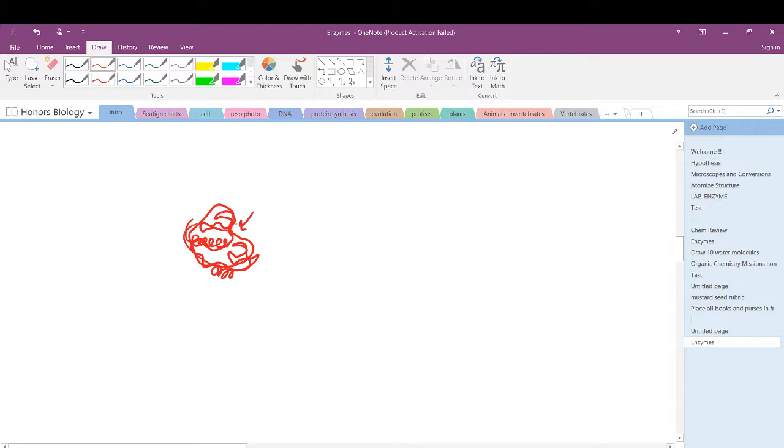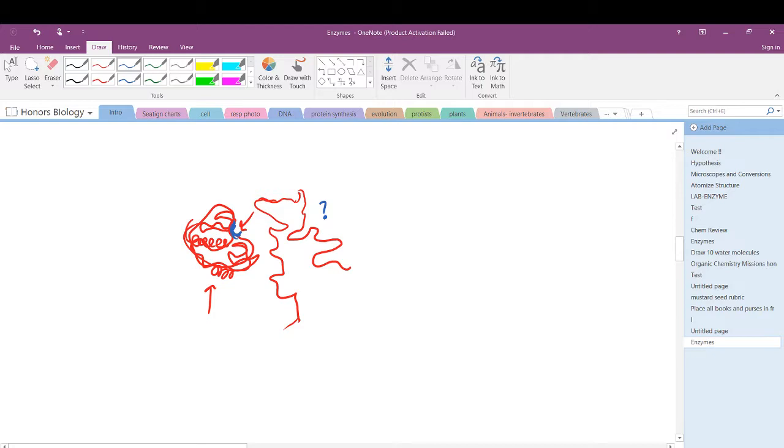Now, you want to think about the fact that if that starts unraveling, if that loosens up, then we no longer have that pocket. So if we were to unravel this, then we've lost our active site. So over here, let's say that our active site is right here. Well, where is it over on the right if we've unraveled it?